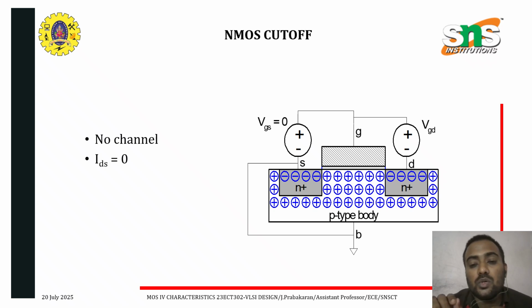Source to gate voltage is VGS, drain to gate voltage is VGD, and body is nothing but the P-type substrate. And in the cutoff region, the transistor is in off state, so there is no current flow, so IDS equal to 0, there is no channel also.